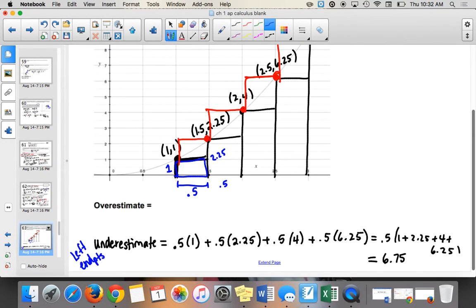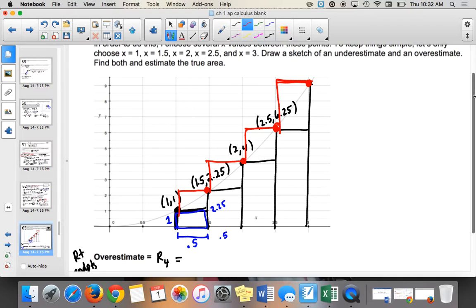How many rectangles did we have for the left hand? 4, right? So a lot of times I'll notate this as L sub 4. I think I do that on your homework as well. It means left-hand endpoints with 4 rectangles. So our overestimate is going to be right endpoints. I'm going to use 4 rectangles again, R4. Now we're using different heights. Ariana noticed that this point was 3, 9. Now we're using the 9 for our height, the 6.25, the 4, and the 2.25.